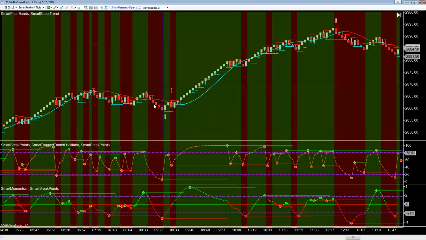We don't have to wait on that. We can take any of these continuation bars with a new Smart Super Trend print and have an 83% likelihood of the market going in our favor. Now, occasionally we would get one and it would come back, but at least it gives us a fighting chance to get in a signal if we would want. So there's Thursday's open.